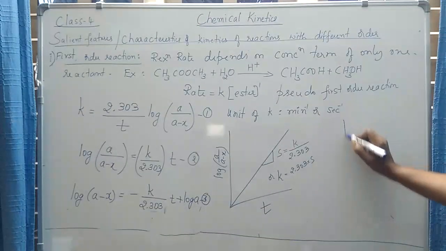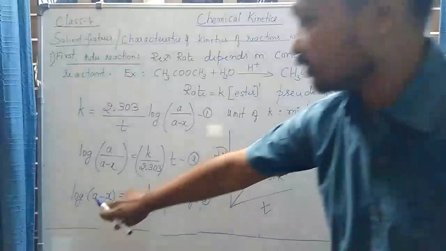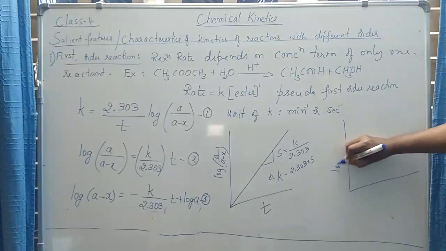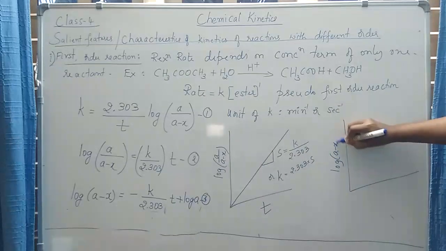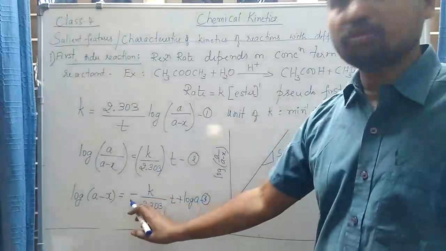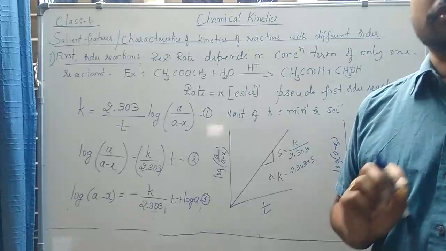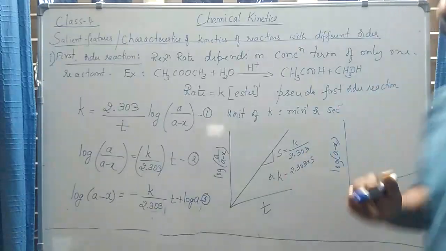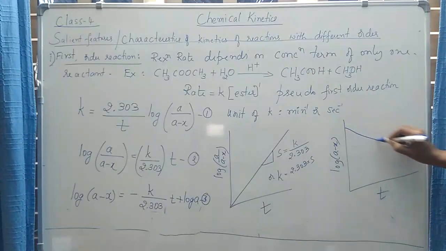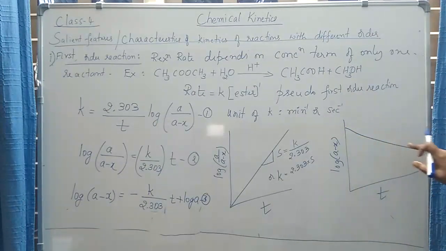So instead of plotting log of a by a minus x, if I take log of a minus x versus t, since the slope is negative, I will get a straight line with a negative slope and non-zero intercept.